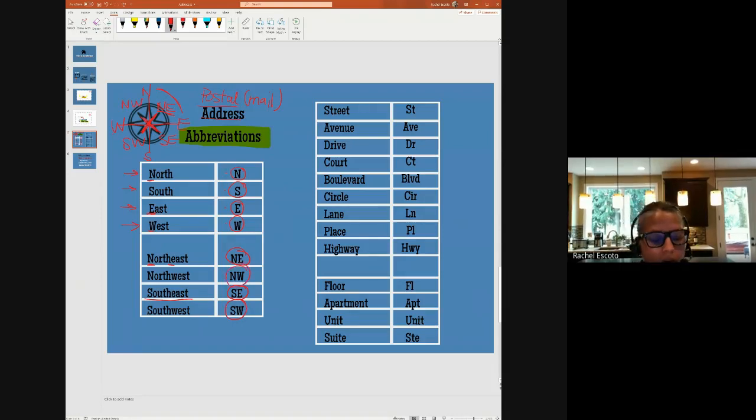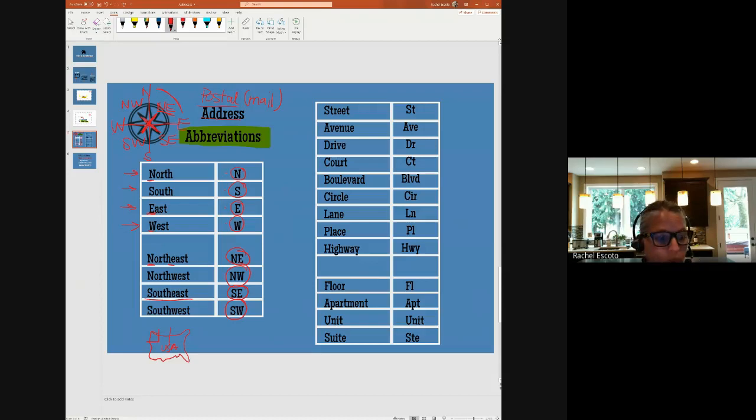And then northwest. If you think of the United States, I'm going to draw a picture of the United States. I know I'm not a very good artist. Okay, so think of this. This is the USA, right? We live here.